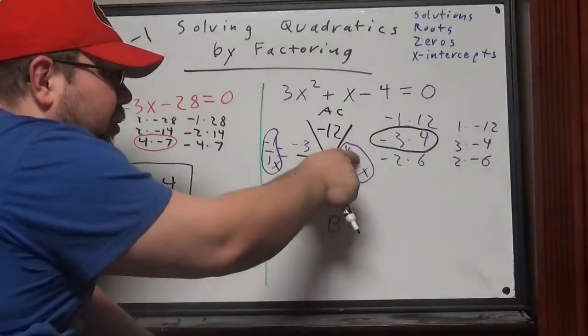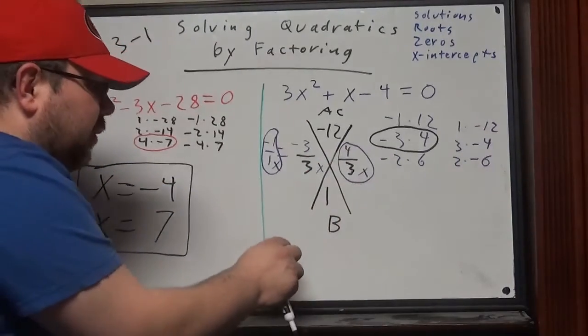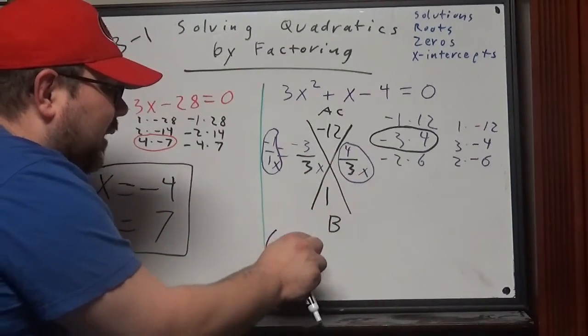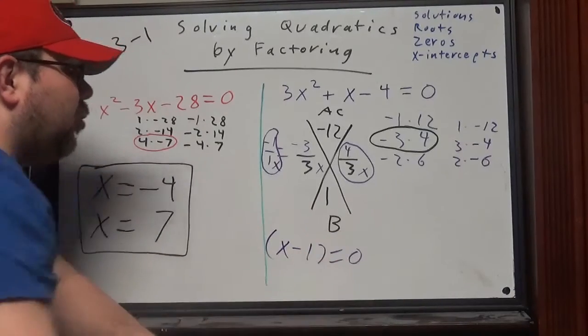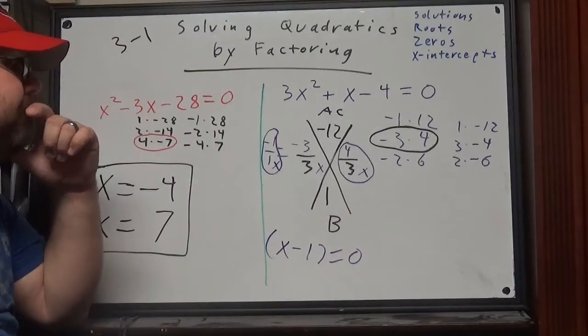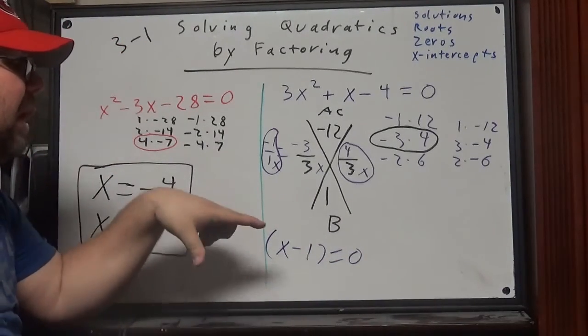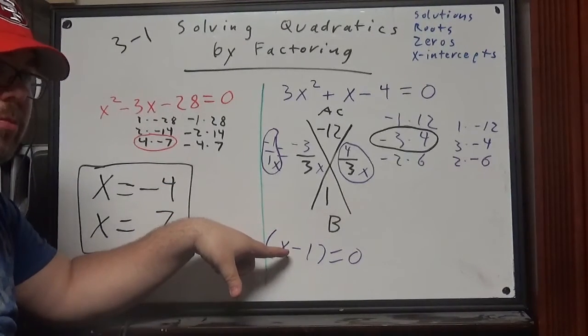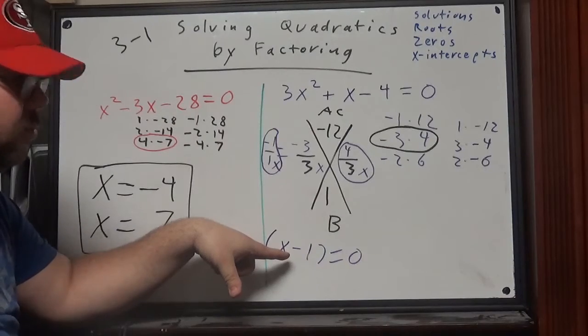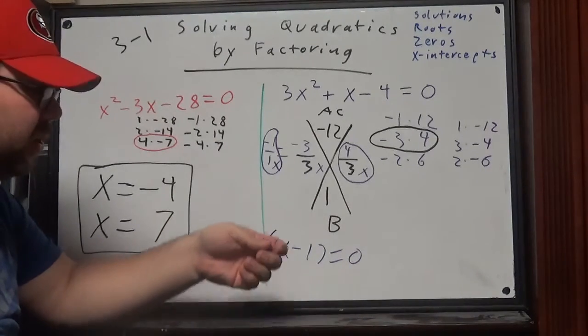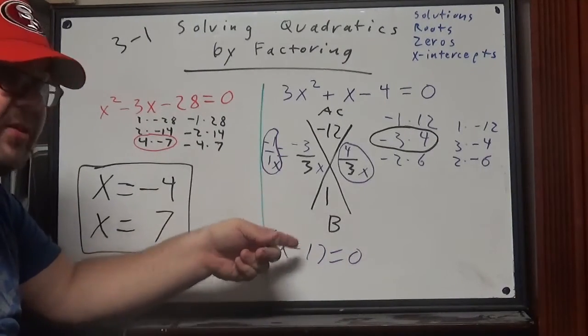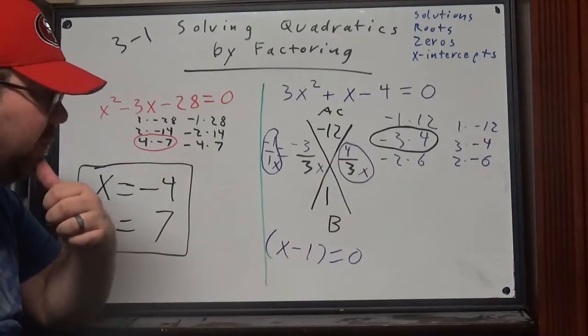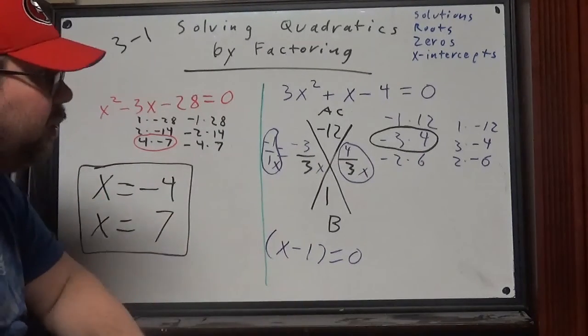To do that, I'm going to use this one because if we do x minus 1, remember before that we put both of them together and I said if you can make one of the parentheses equal 0, of course anything times 0 is 0. So if I can set either parenthesis to 0, then that's a solution.